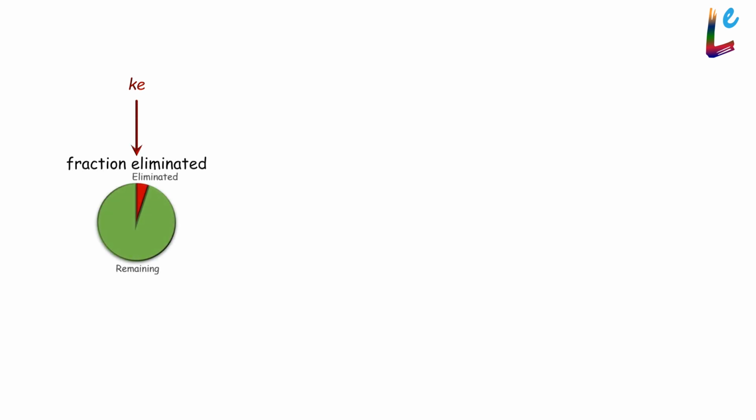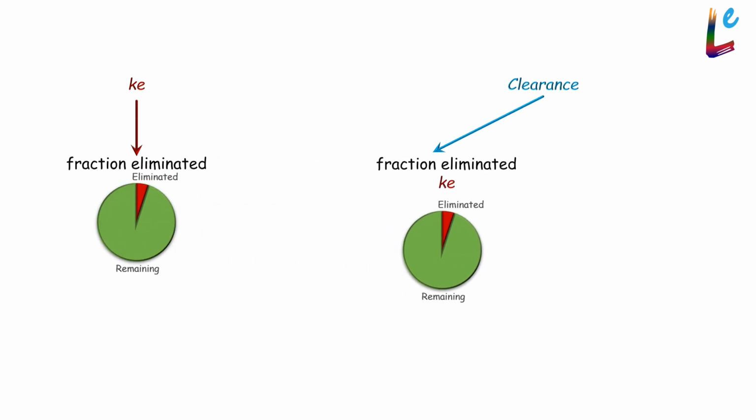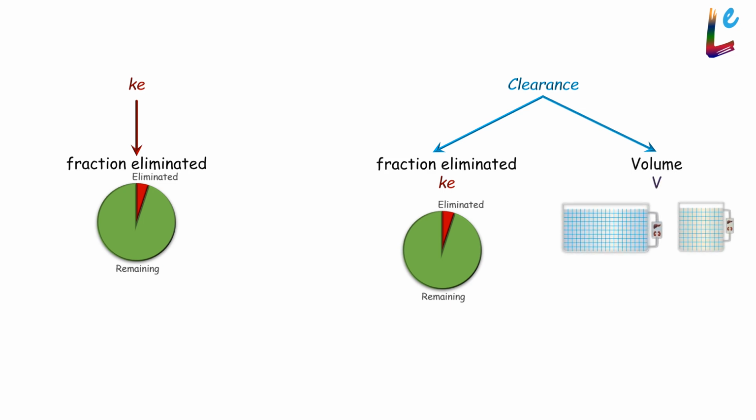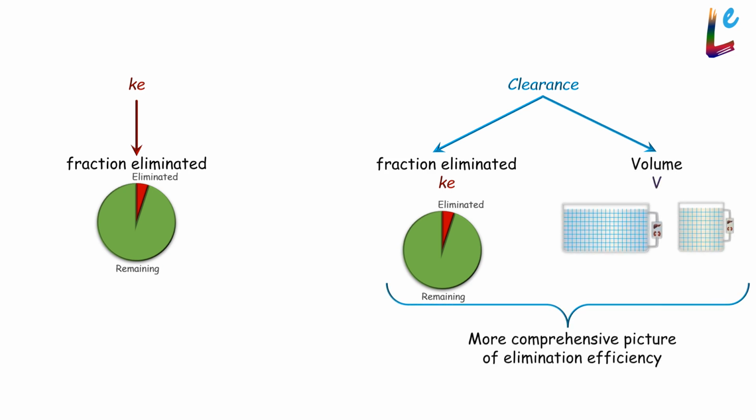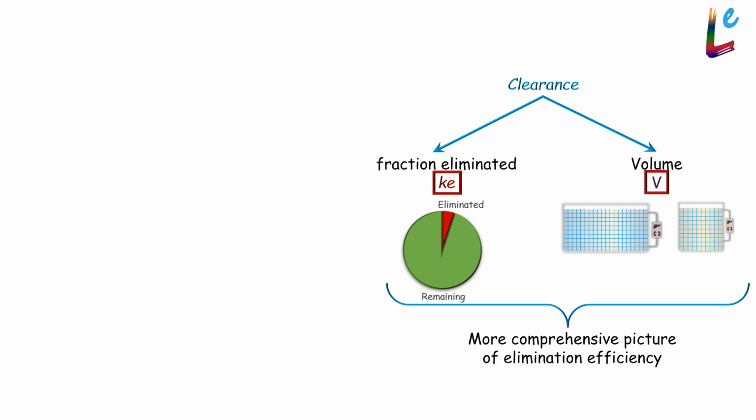So while Ke reflects the fraction eliminated, clearance also takes into account the volume and thus offers a more comprehensive assessment of elimination efficiency. How clearance takes into account both Ke and volume can be demonstrated from what we already know.